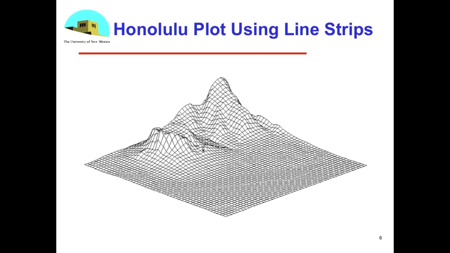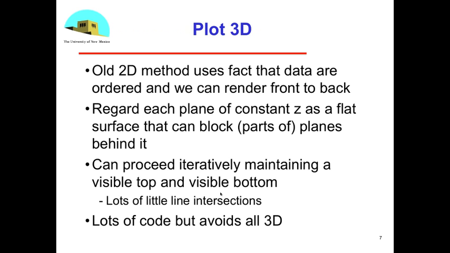Well, that pops over the top, but it can also go below that solid. So if I keep track at any time of where the present top and the present bottom are, as I add a new one, I can compute purely in 2 dimensions which little line segments, or actually parts of line segments, are going to be visible over the top and visible underneath, and I update my present top and present bottom until at the end you wind up with a plot that looks very much like this, all done in 2D going front to back.